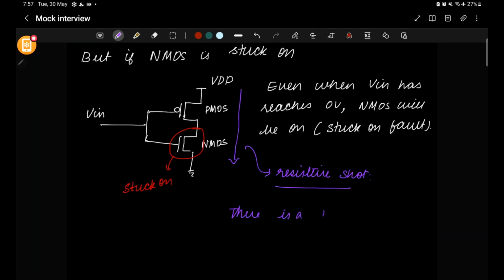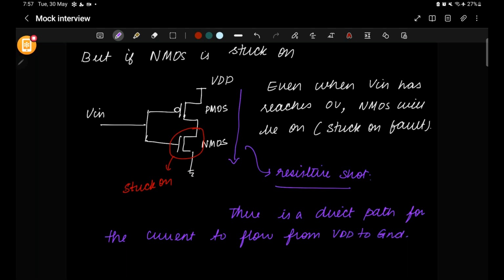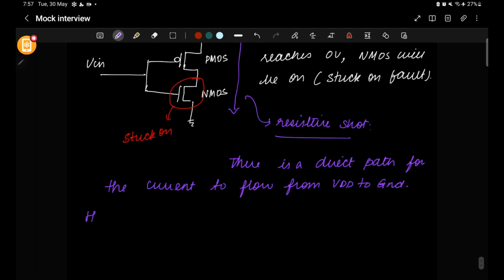So there is a direct path for the current to flow from VDD to ground. Hence, current will be flowing continuously even after waiting for some time.